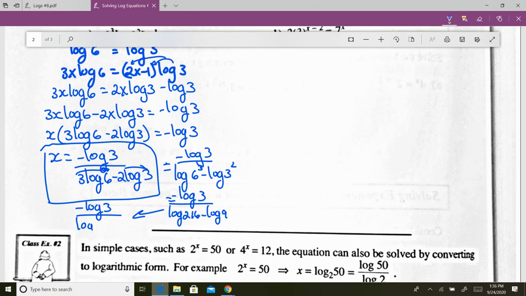So that's log 216 over 9. Anybody know what 216 divided by 9 is? 24. So the simple answer would be negative log 3 over log 24. You can just give me the first one.